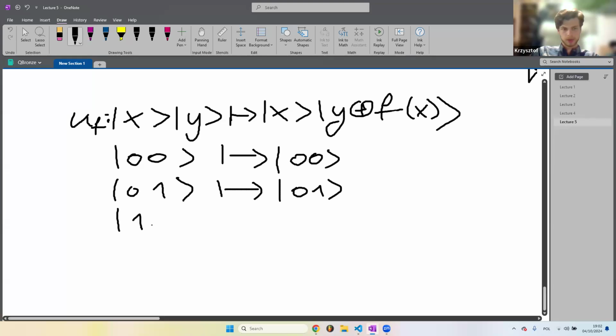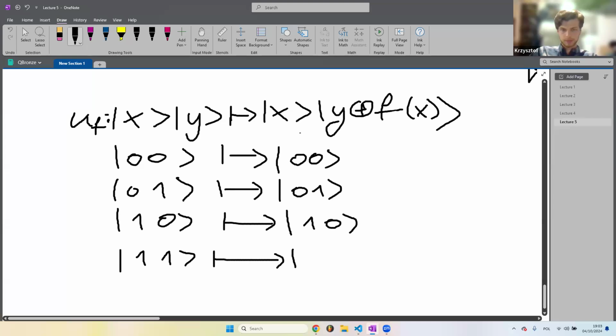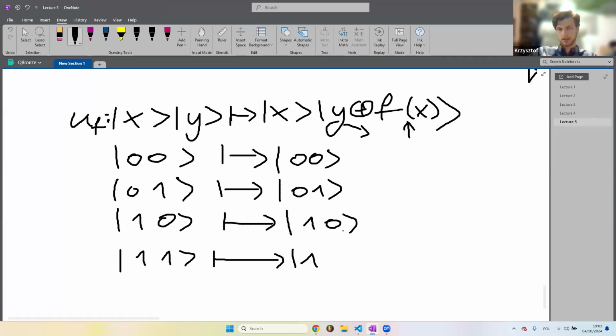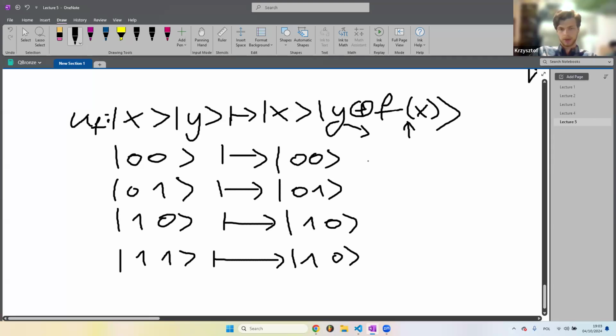So 1, 0 will be transformed to also 1, 0, and 1, 1 will be transformed to, this is still 1, but now we have 1 and the output of f of x is 1, so we will have 0 here because this is a binary operation. I think so.